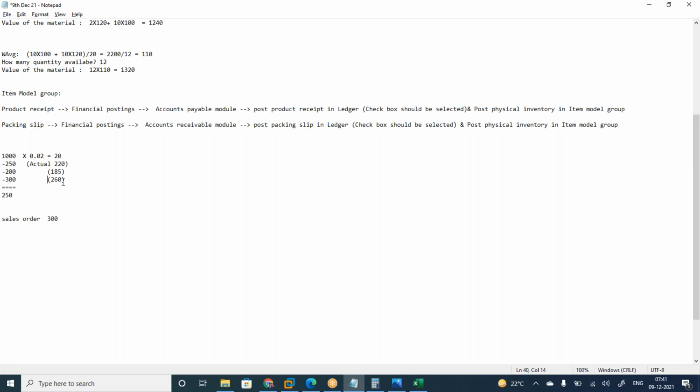Let me calculate, 40 plus 15, 65 plus 30, 95. It is 655. So 655 means around 345 available. If I look in front of my shop, 345 stock is available.